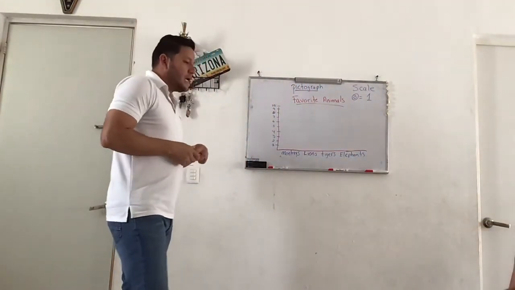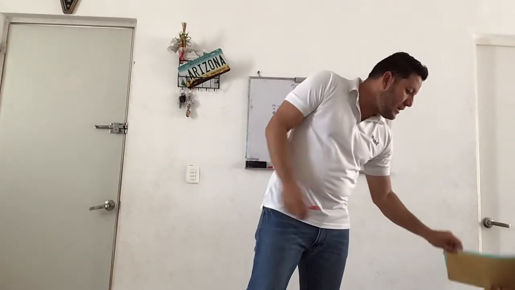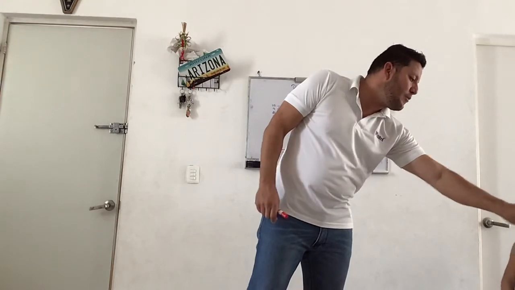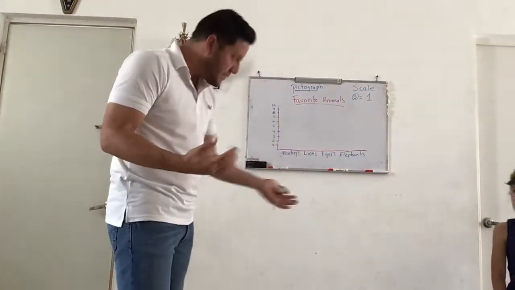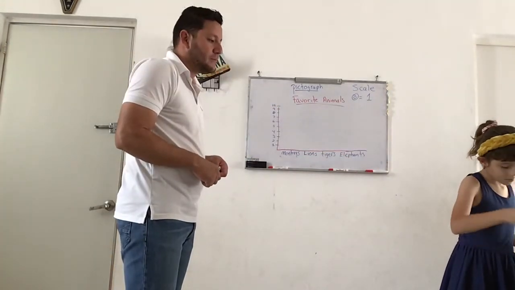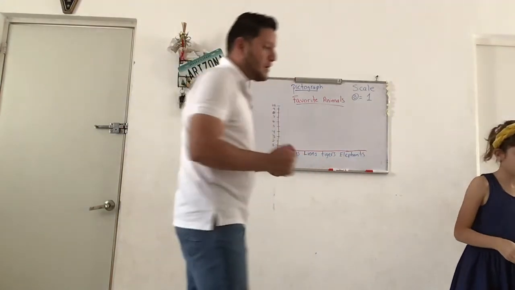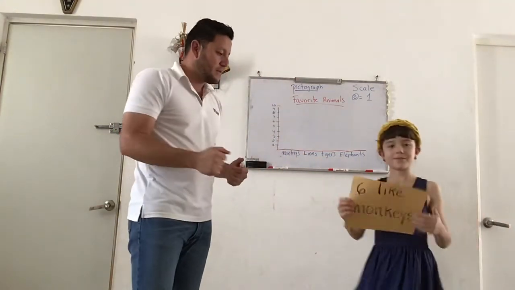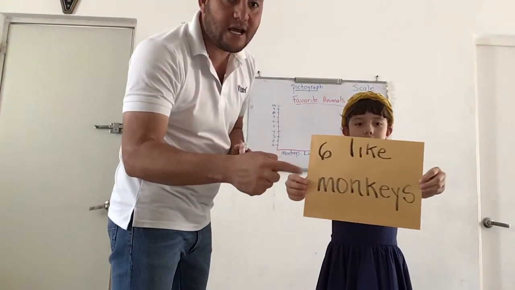So, in the question, how many, Bianca, how many monkeys do each of the students like? Bianca, how many monkeys? It's on the paper. 6. Can you show it, Bianca, please? There you go. So in the question they say 6 like monkeys.